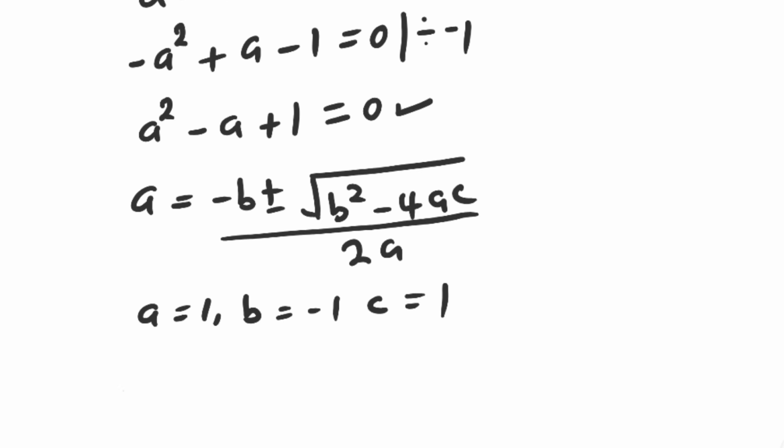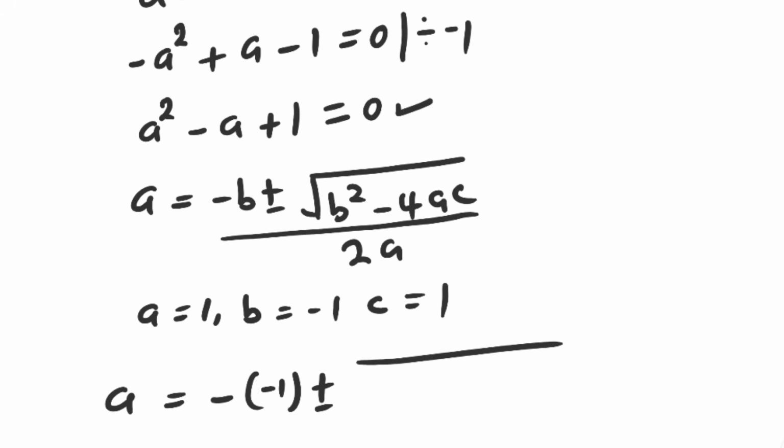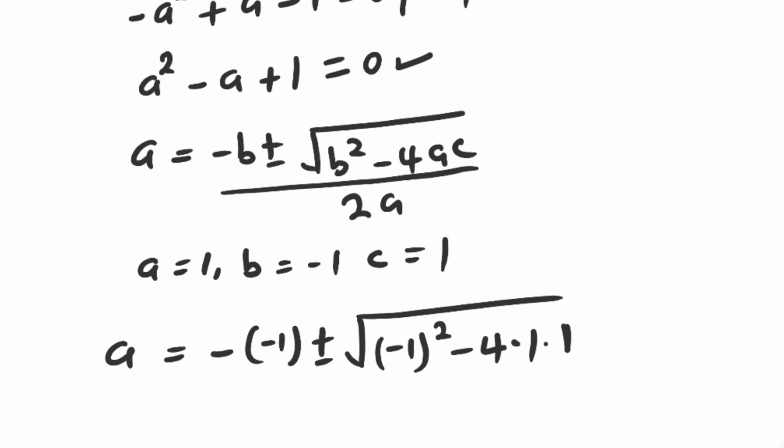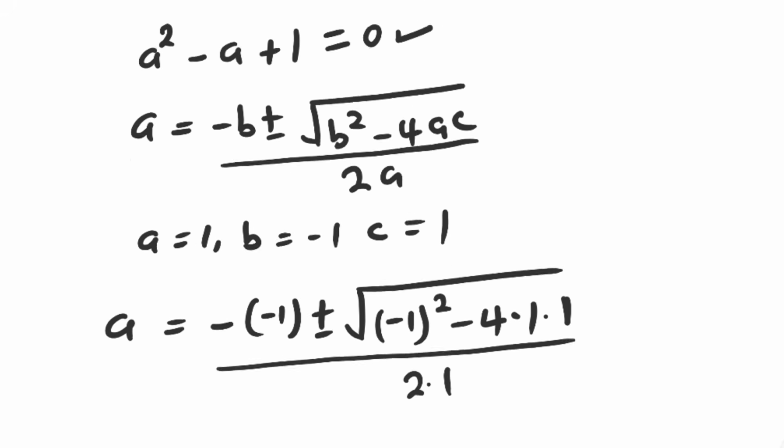Then here we have A is equal to minus bracket minus 1 plus or minus square root of minus 1 square minus 4 multiplied by 1 multiplied by 1 over 2 multiplied by 1.